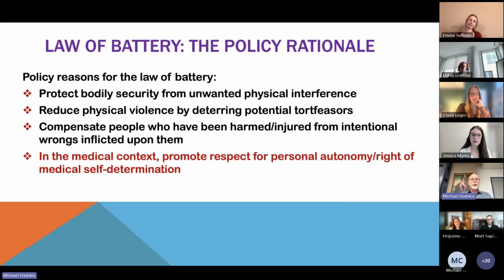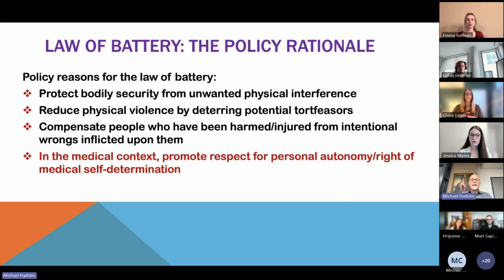The second, to reduce physical violence by deterring potential tortfeasors. So knowing that if you engage in an act of physical violence toward another, that you may be held liable in tort law, be brought to court, be forced to pay a damage award to your victim, that might serve as a deterrent. So those that might be inclined to engage in that kind of conduct will not.